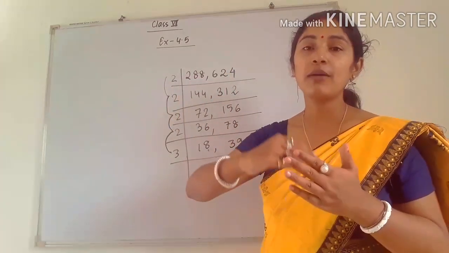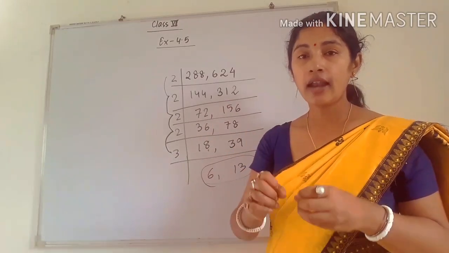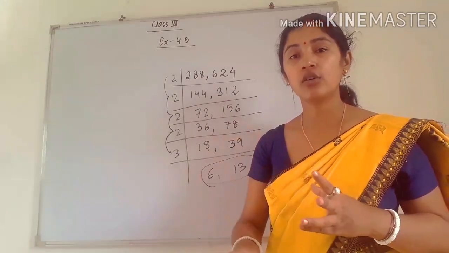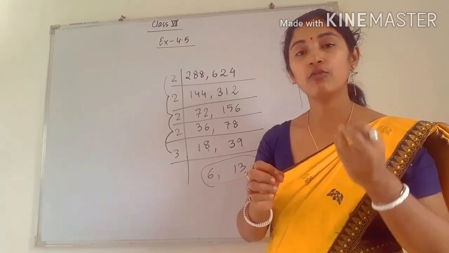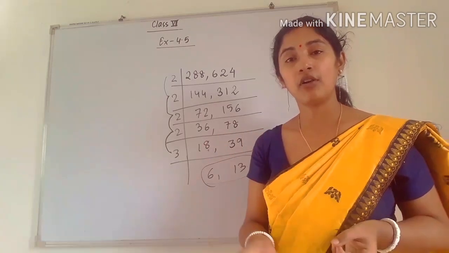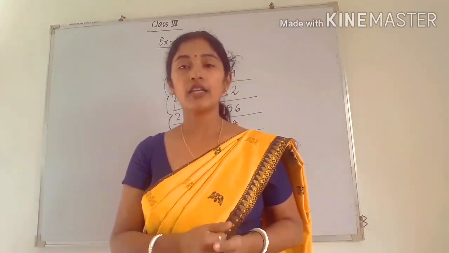That means what will be the maximum number of fruits we can put in each box, and that number should be equal in both the cases, in orange also and in apple also. So like this, in 7, 8, 9, 10 all the questions you have to find the HCF.